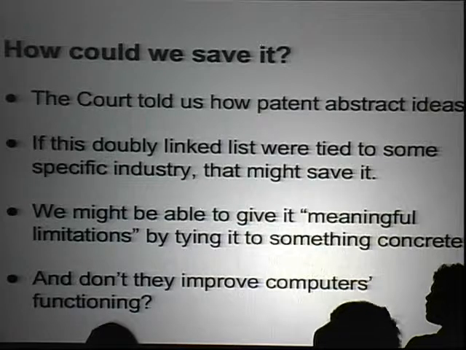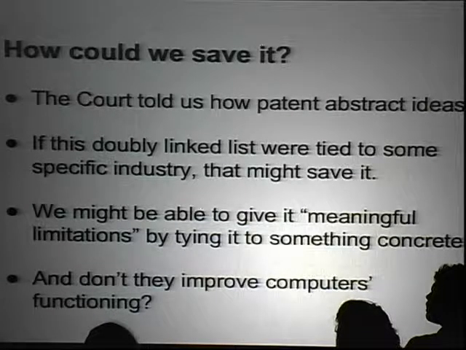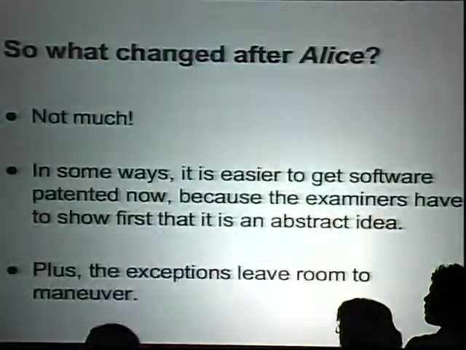If we were to tie it to a specific industry, so if this was suddenly the rubber curing doubly linked list, that would get us there. And if we were to give it some meaningful limitations, that would do it. I'm not really sure what a meaningful limitation is still. Oh, and of course, doubly linked lists improve computers' functioning.